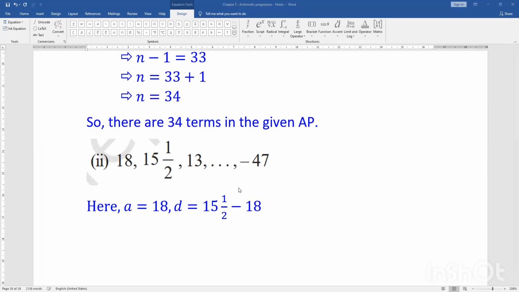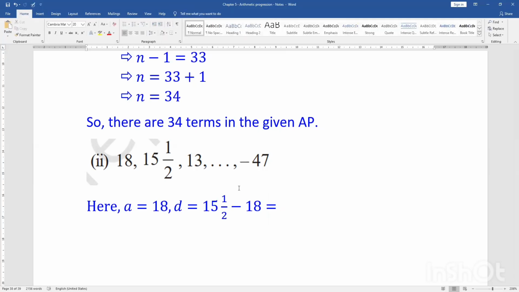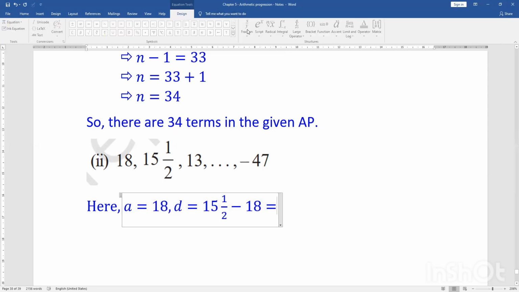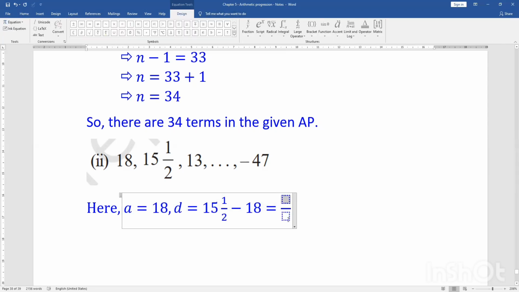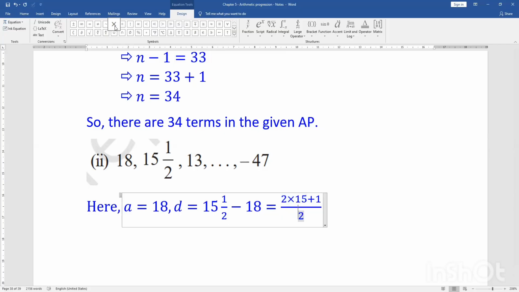Okay, so this is a mixed fraction, 15 1 by 2. Convert it into an improper fraction. So what do you get? First you write the denominator 2, then 2 into 15 plus 1, right children?